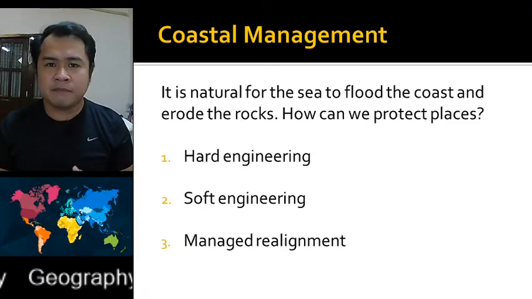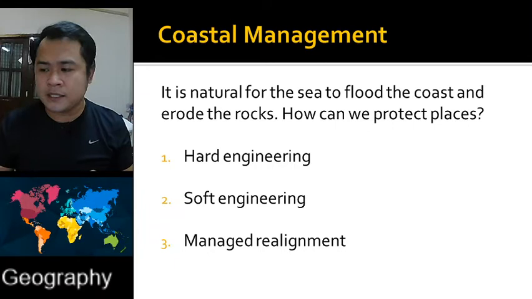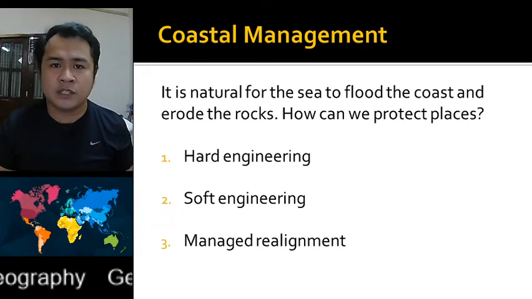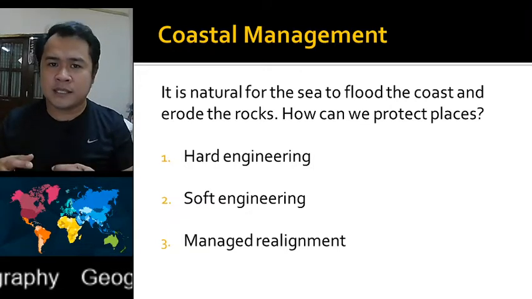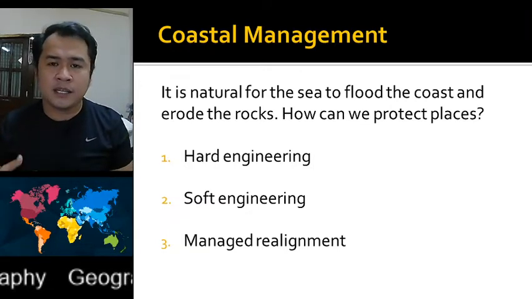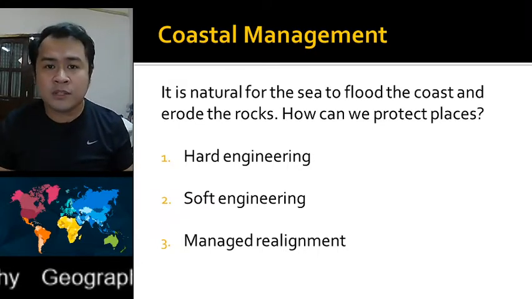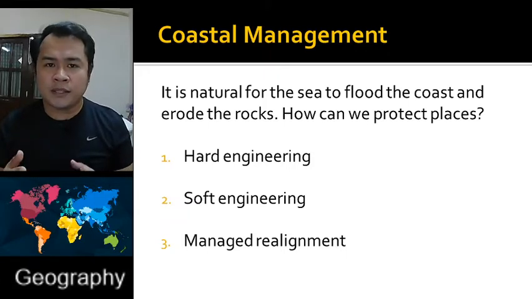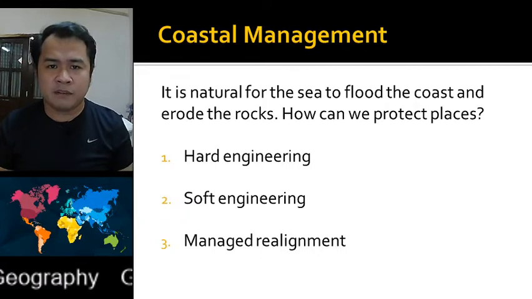And sometimes there are establishments or properties, buildings and homes that are already there along the coastline, and when it gets eroded or destroyed, then definitely the lives of people are affected. That is why coastal management is important, so that we know what we can do to protect the coastline from being eroded or being taken away by the sea.